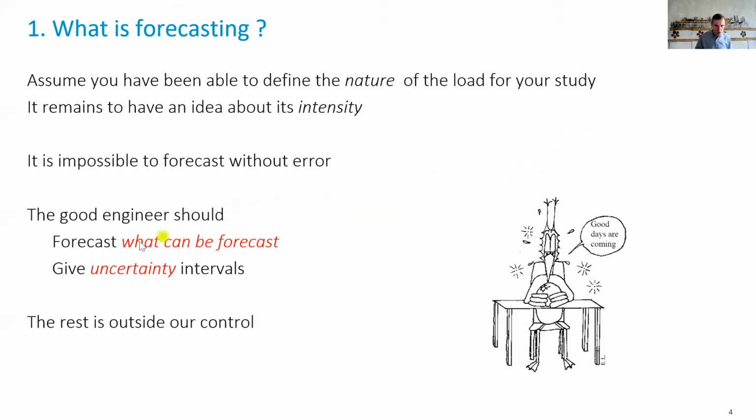So the take-home message is you should forecast what can be forecast, and also be aware that what you forecast has some uncertainty. So, not surprisingly for this course, we will see techniques for forecasting, but also for quantifying the uncertainty of your forecast. And of course, we can be completely wrong.